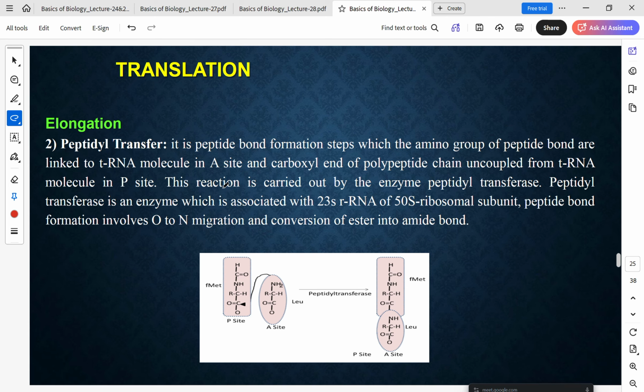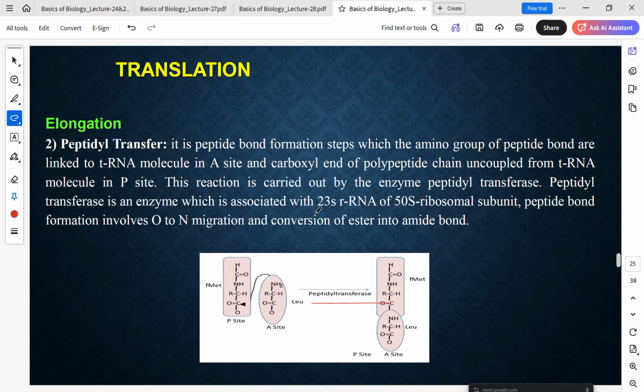In case of peptidyl transfer, the amino acid present at the P site has a COO minus or a COOH group. This COOH will react with the amino acid present in the A site and will make a CONH group, a peptide bond, in the presence of a peptidyl transferase enzyme, which is present in the ribosomal subunit.